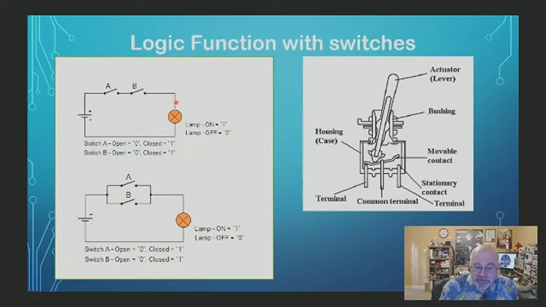For the OR function, instead of having the switches connected in what we call series, we connect them in parallel. So this lamp is going to go on when any of these 2 or both are on. So you see, we close A, the current flows through the switch to the lamp, or if we close B, or we close both, it flows through both. So that's the OR function.